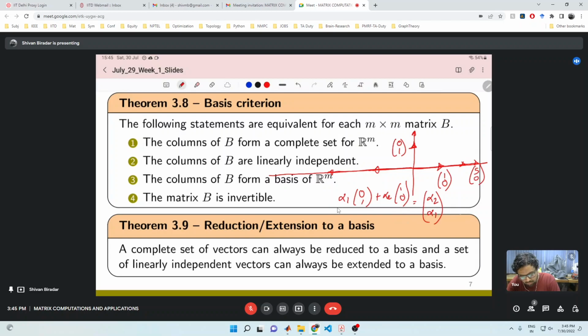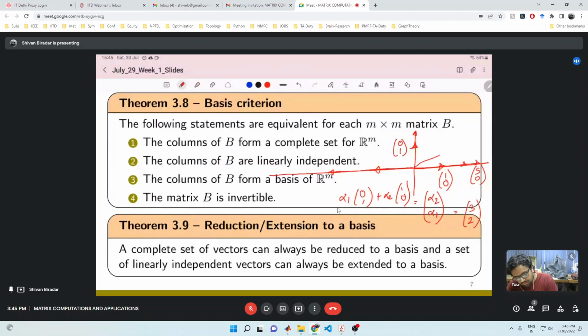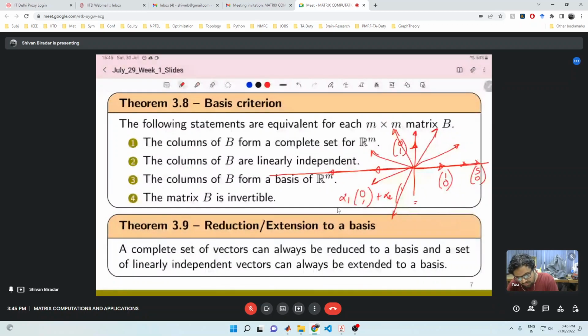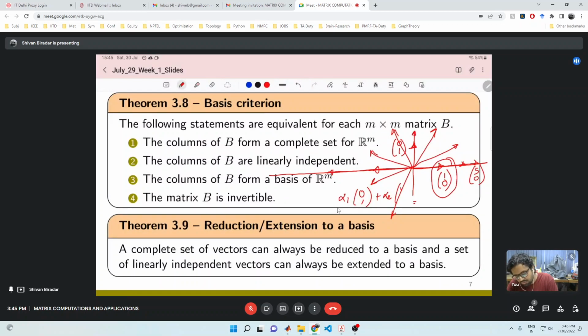So if alpha 1 equals 2 and alpha 2 is 3, then I'll get a vector something like this. You can take any value of alpha 1, alpha 2 and generate any vector here. So what is happening here is that just using these two vectors (1, 0) and (0, 1), you can span the whole space. Right?